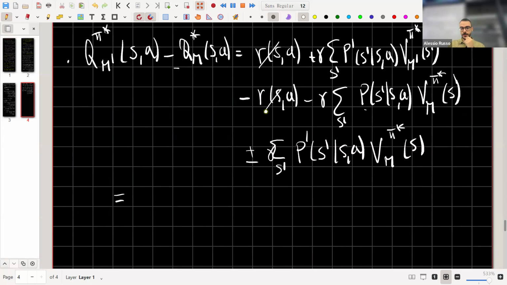And so we can take the difference between this term and one of these terms.